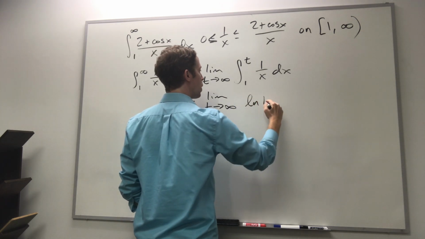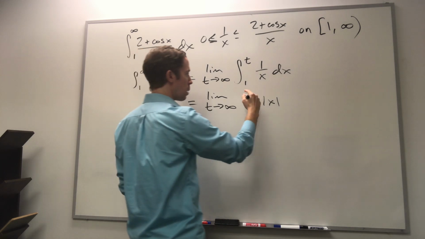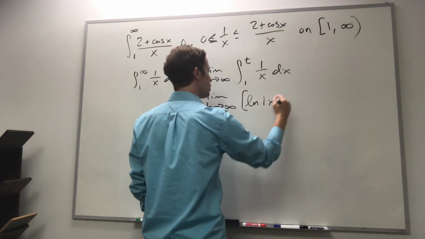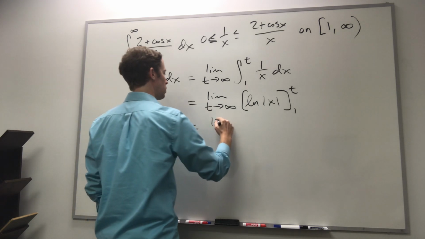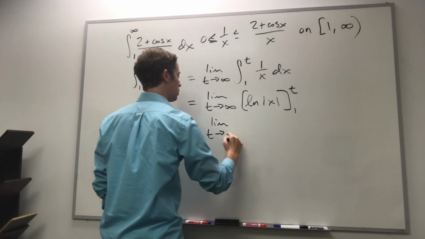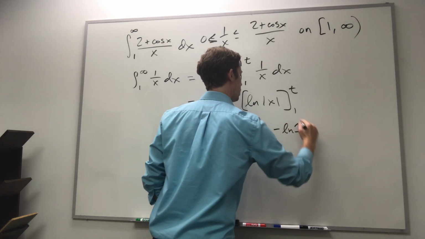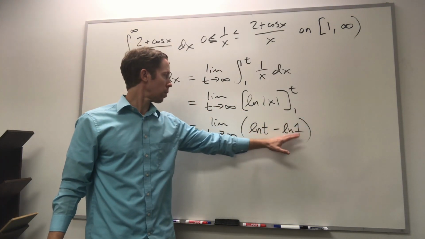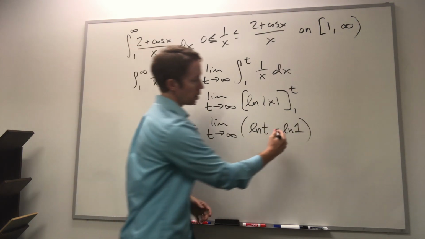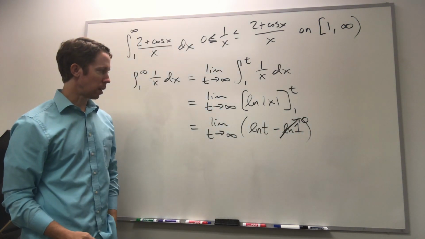Natural log of absolute value of x. My bounds are positive, so I don't need the absolute value. Plug in the bounds. And then this natural log of 1 is constant, so I don't need to worry about that. And it also happens to be 0, so I could ignore it because of that as well.